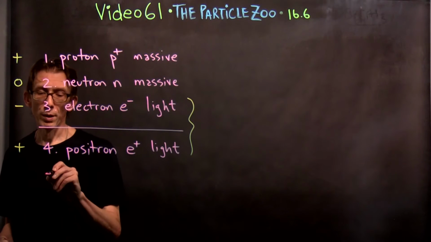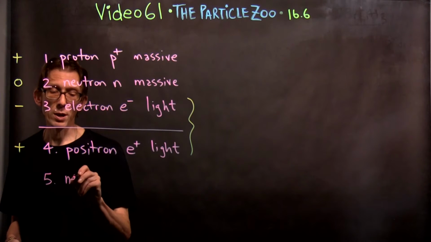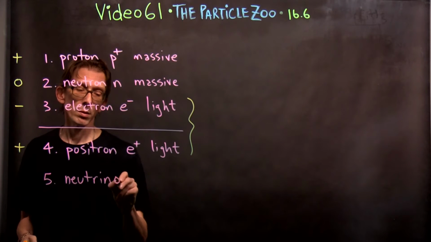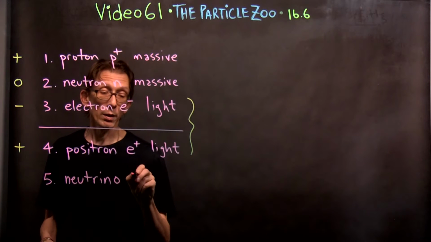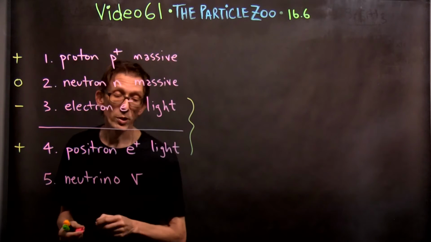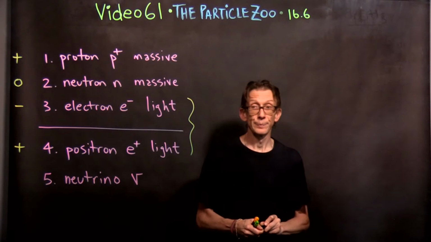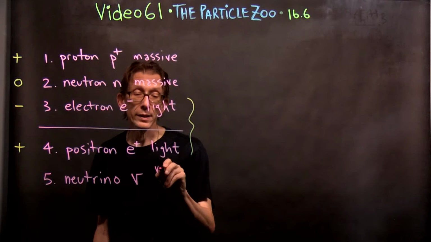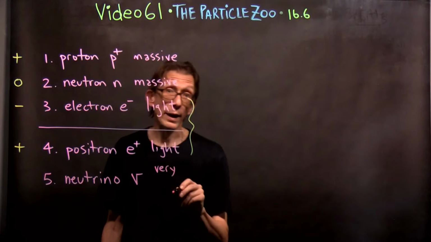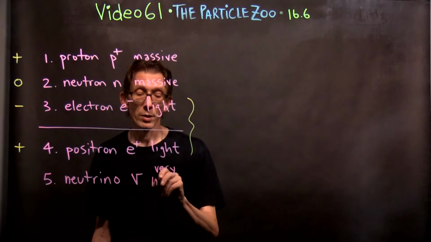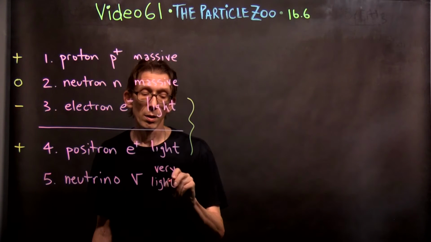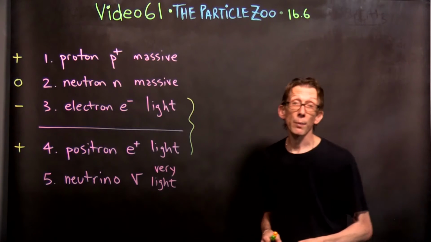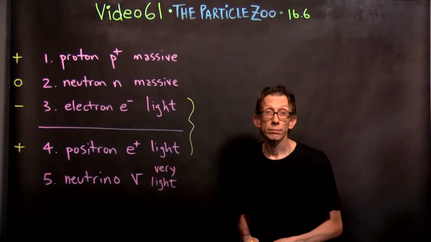The fifth particle that's important to us is the neutrino. These probably are my favorites. Neutrinos are indicated by the Greek letter nu, which is like a little V with a little flag on the end of it. These are very light, far lighter than electrons. So if an electron and a positron are like mice, the neutrino might be something like a fly.